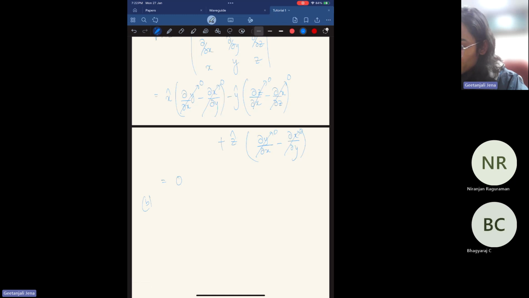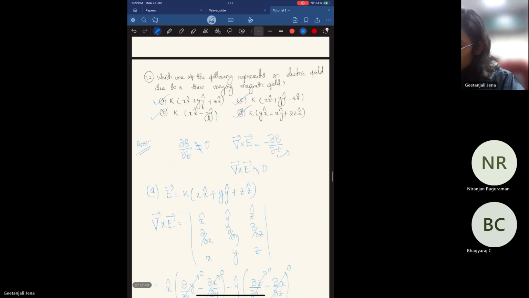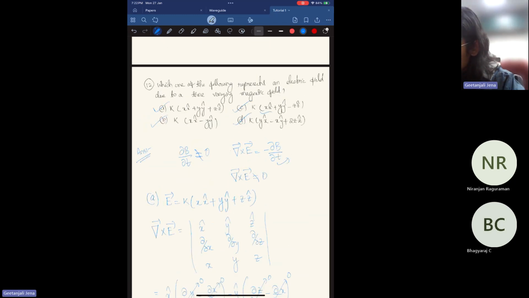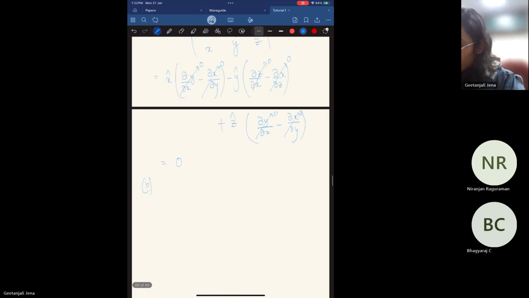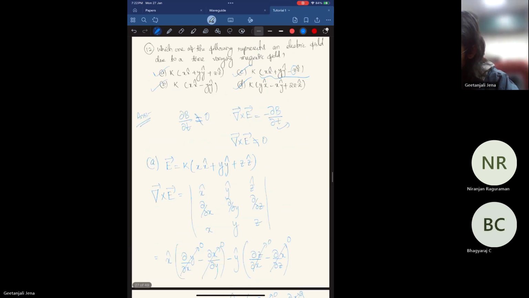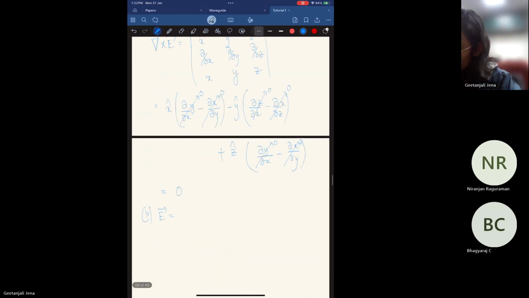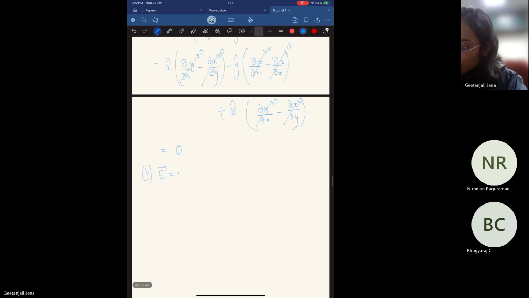Now if you take the next part, which is similar to this, but there is a minus z term here. E is x cap plus y cap minus z cap.